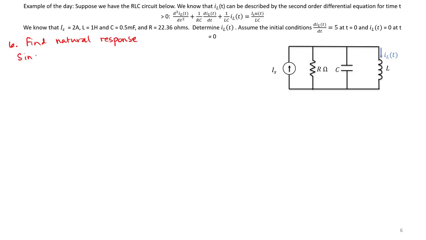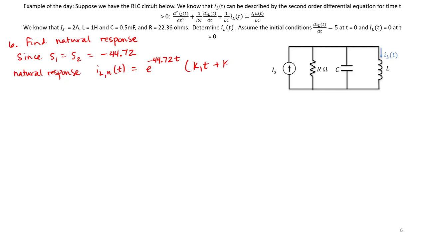So we know since S1 is equal to S2, which is equal to negative 44.72, we know that our natural response, I'll call it iL,n of t, we can take that from our recipe to be e to the negative 44.72t times k1 t plus k2.